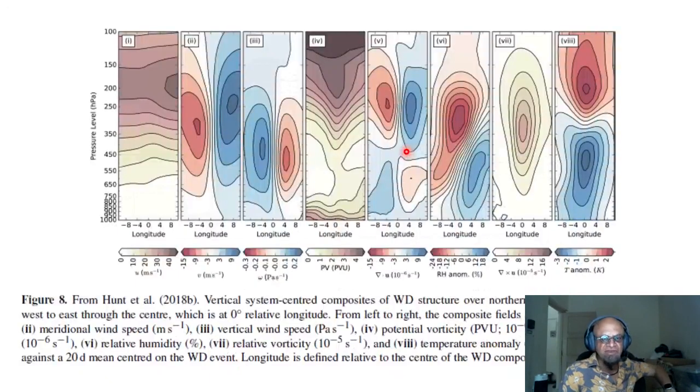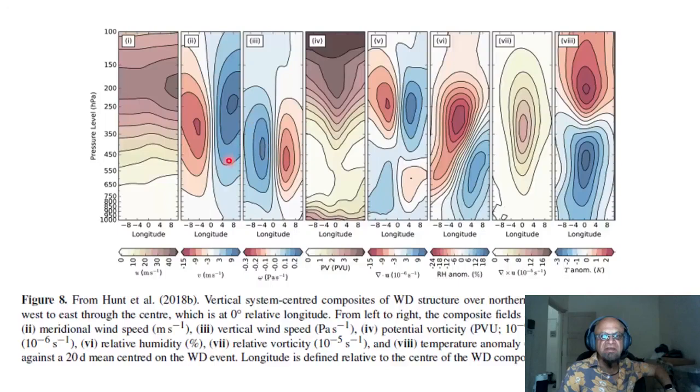Please read the details. In terms of vertical structure, here we are looking at pressure levels and longitudes, and the details are here in terms of zonal velocity, meridional velocity, omega, that is the vertical velocity in pressure coordinate, potential vorticity, divergence, relative humidity, and circulation, so curl U, and the temperature anomaly associated with.